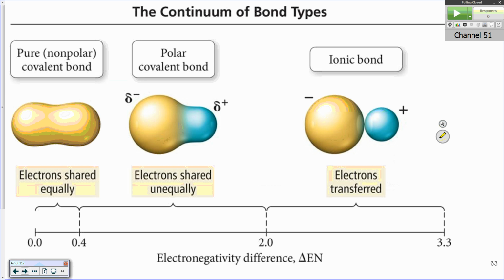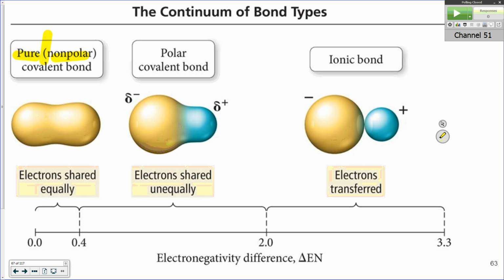I just want to look at a couple of examples of this. So pure covalent, in my mind, is a difference of 0. We say pure covalent, so you have nonpolar. I classify these as two different things, and the book says that they're the same thing.